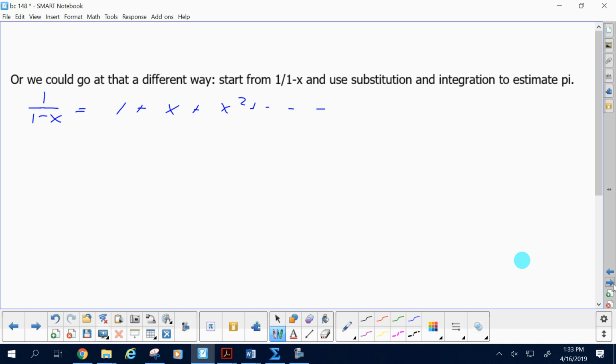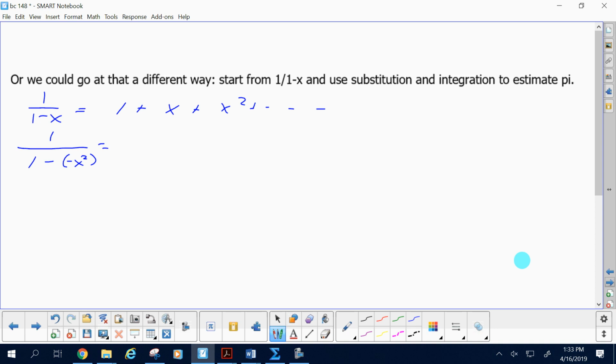Okay, now you're trying to get to our tangent. How do you reckon we get there from 1 over 1 minus x? Change that to 1 over 1 minus negative x squared, yeah?